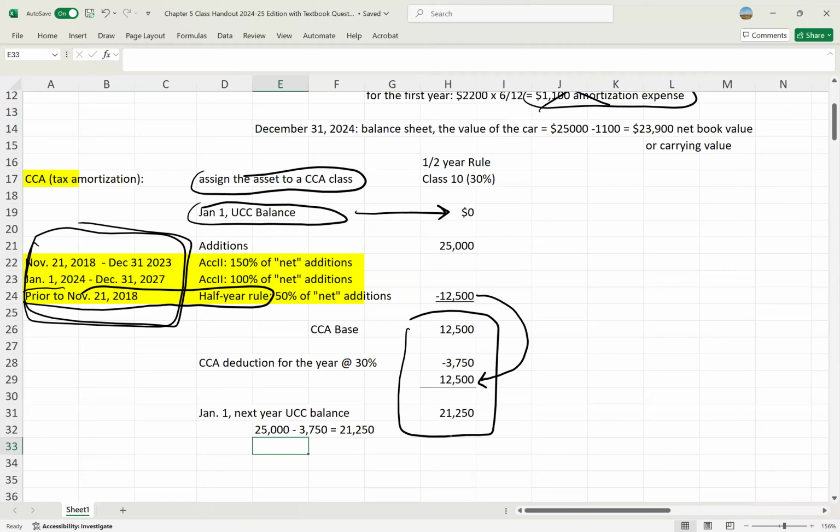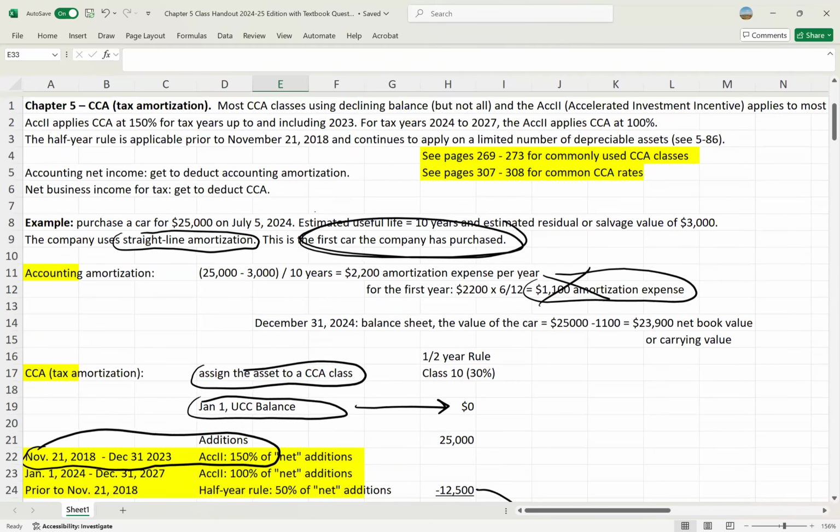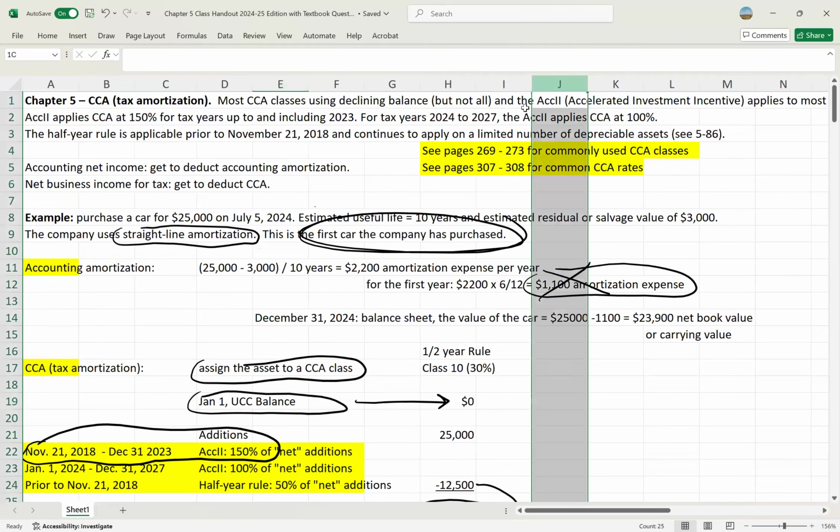That was in effect up until prior to November 21st, 2018. And then what happened was the rules changed. November 21st, 2018 to December 31st, 2023, we had this ACCII. That stands for the Accelerated Investment Incentive. I think I have that up here, right at the top, Accelerated Investment Incentive.